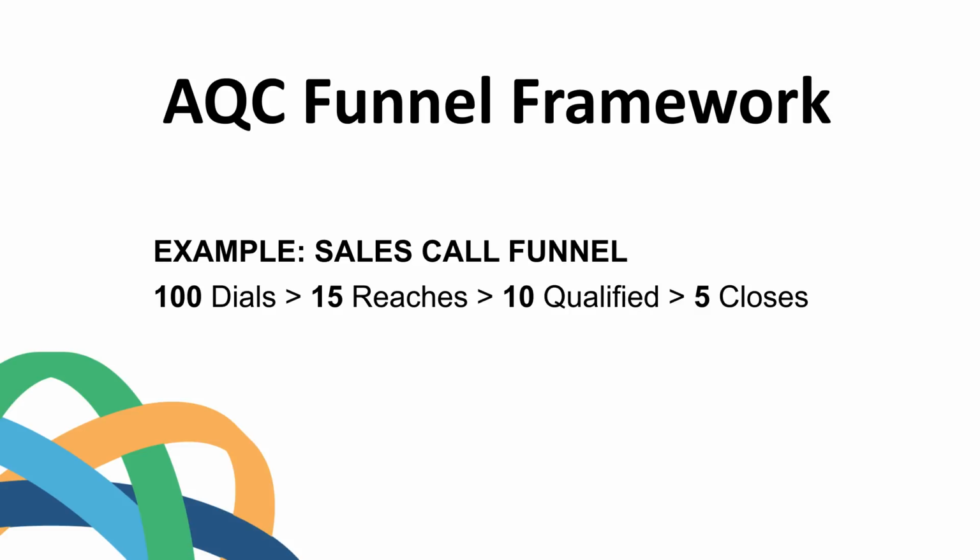How many of the ones that we reach do we truly qualify? That's another really important quality factor, right? Let's say we reach 15 people, but we only qualify one. What does that tell us? Well, it tells us our activity is not high quality. It tells us that we're trying to call all these people we should never call, right? Because even when we reach them and we talk to them, we both agree we should have never talked before, right?